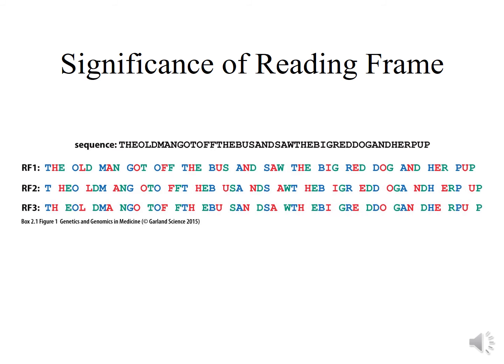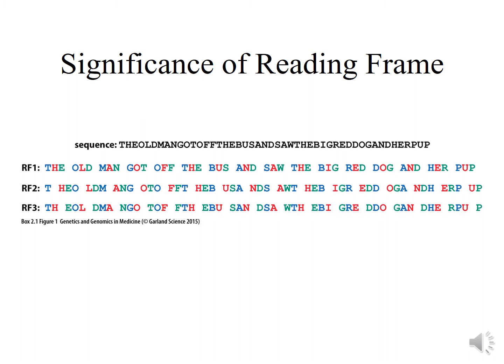In this particular slide, we use 3-letter words to illustrate how meaning can be altered by changing the reading frame. The sequence of letters at the top, reading frame 1, reading frame 2, reading frame 3, can be grouped into sets of 3 letters that make sense in reading frame 1.